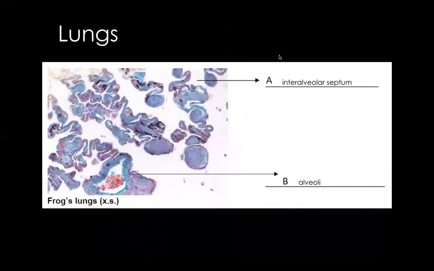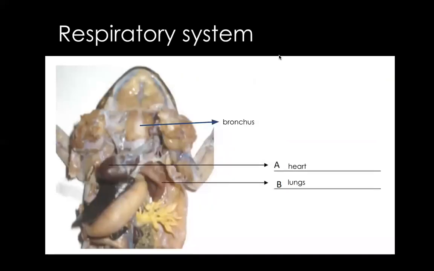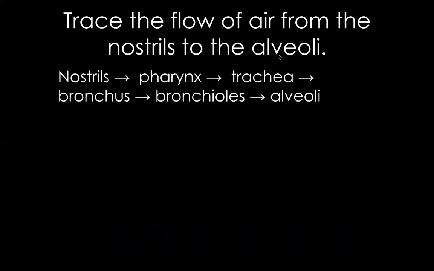Now let's move on to the respiratory system. For the photomicrograph of the cross-section of the frog's lungs, A represents the interalveolar septum, while B is a cross-section of the alveoli. As for the different structures in the toad, A is the heart and B would be the lungs.